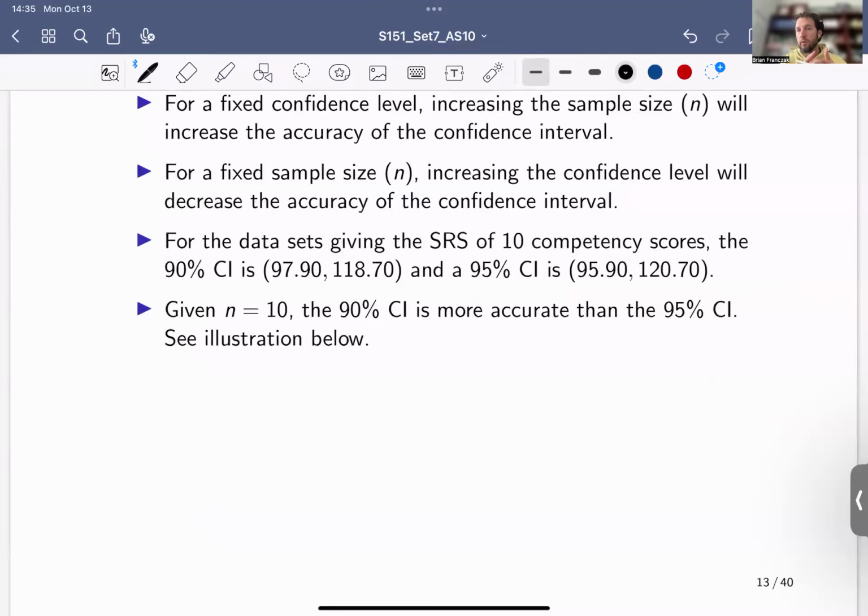The instinct would be always to take the maximum confidence level that is given to you, because you're going to be the most confident at the highest confidence level. But for a fixed or smaller sample size, you're going to produce a very wide interval. So you're going to have a much bigger space that you are making your statement within. And at some point that might not be useful.